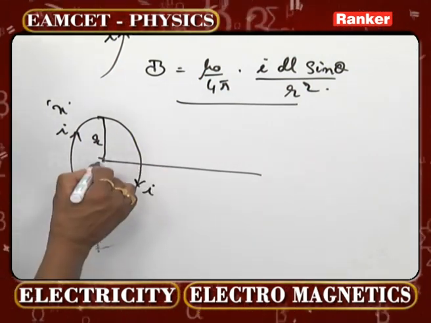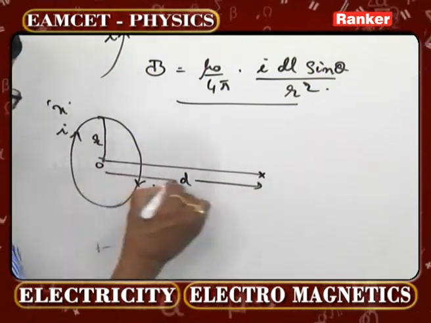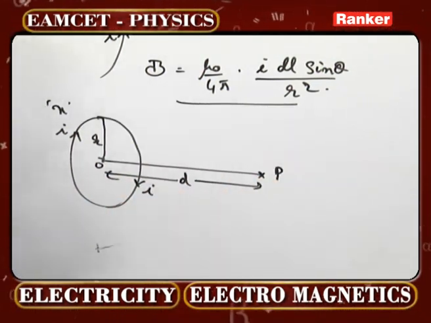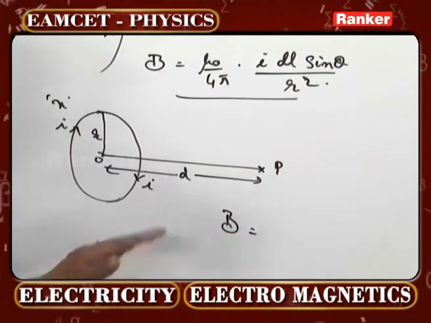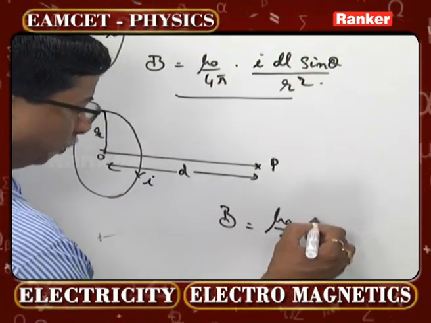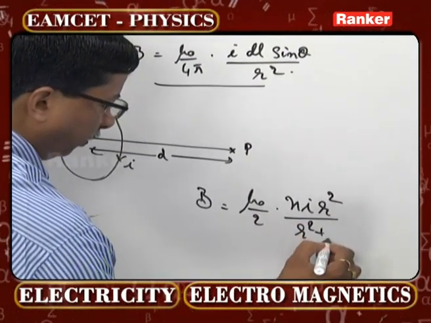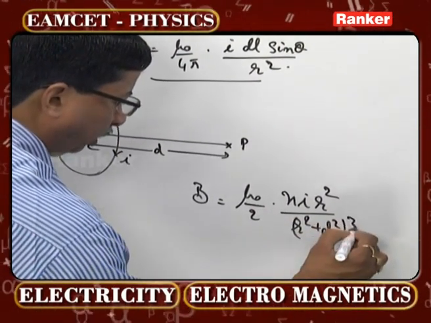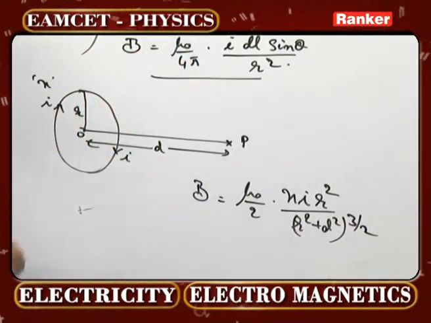On this axis, from the center at a distance say d, there is a point we have considered as P. What is the magnetic induction at this particular point P is the question. For this the formula is mu naught by 2 Ni r square by r square plus d square whole power 3 by 2. This formula you have to remember as an application of this.